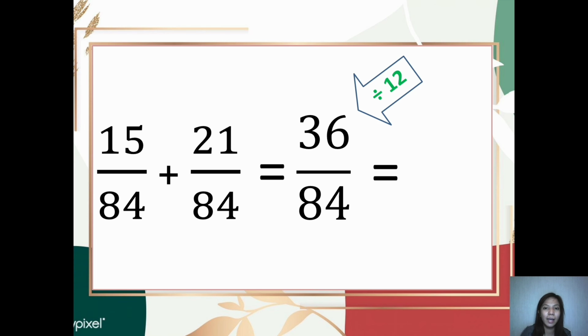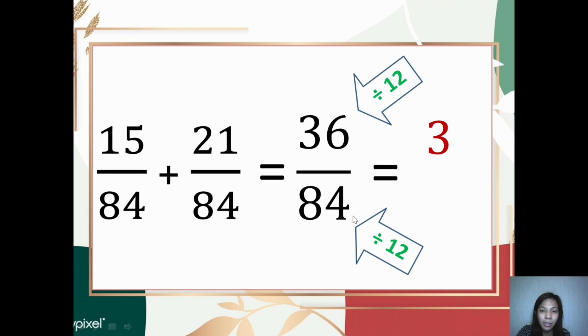Okay. They can both be divided by 12. Alright, so 36 divided by 12. What is the answer? Okay, 3. Next, the denominator 84, you also have to divide by 12. So again, whatever number you divide the numerator by, you have to divide the denominator by the same.